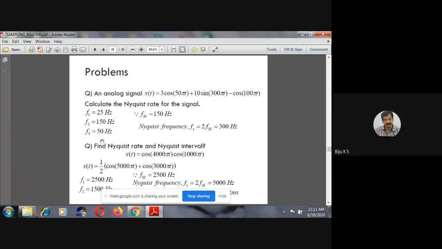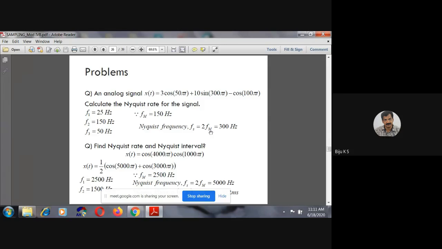What may be the Nyquist rate of this signal if it is going for sampling? We have to find the highest frequency. So the highest frequency is 150. Sampling frequency fs should be equal to twice f maximum.